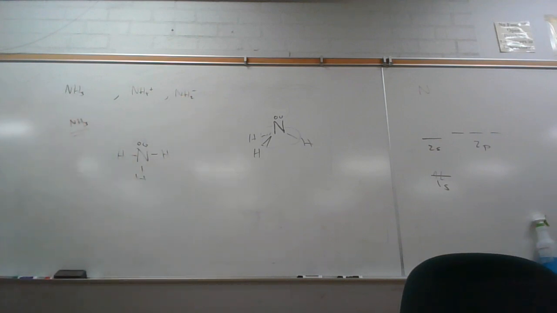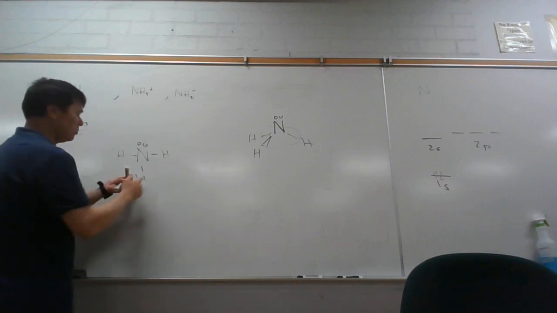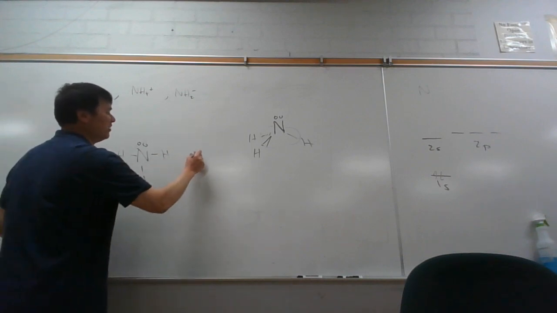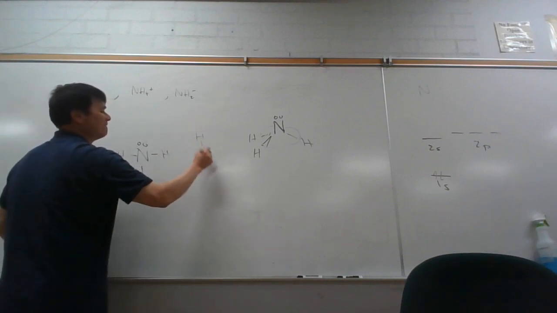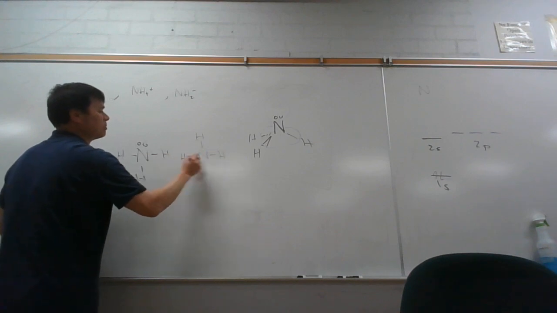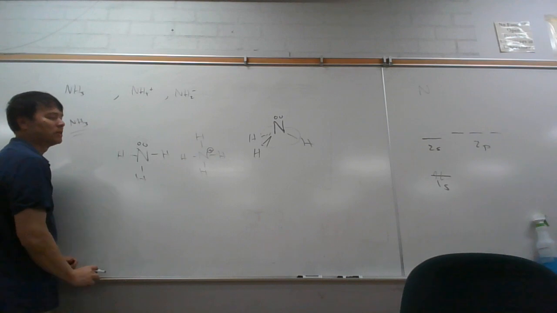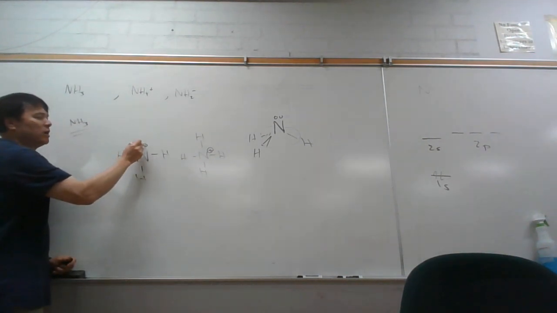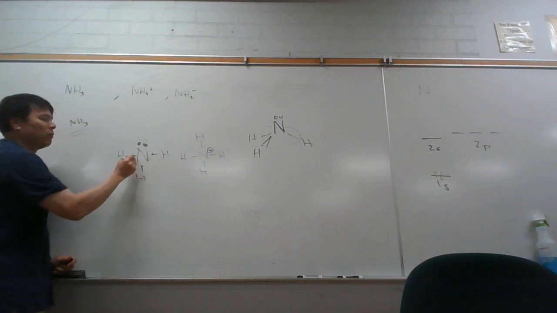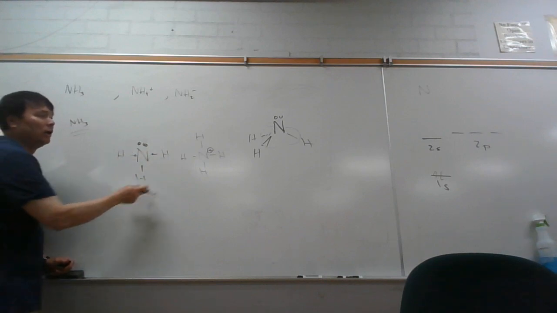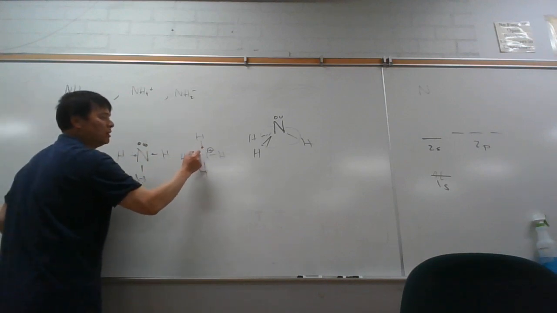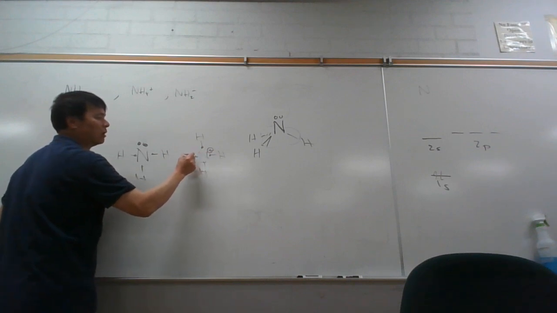If we compare ammonia to something like ammonium, ammonium has a positive formal charge on the nitrogen because it's missing an electron. Over here, this nitrogen has 1, 2, 3, 4, 5. That's normal. Over here, this nitrogen only has 1, 2, 3, 4.